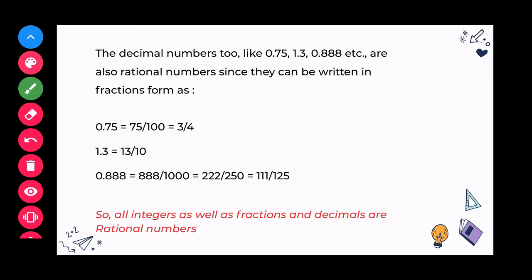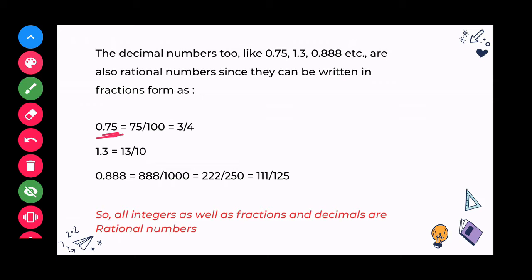So how can we write decimals in the form of fractions? We have already learned this in our 7th standard. Okay, so let's see how to write 0.75 in terms of a rational number. We have a number called 0.75. Let's count the numbers after the decimal point. We have two digits, we have 7 and we have 5.